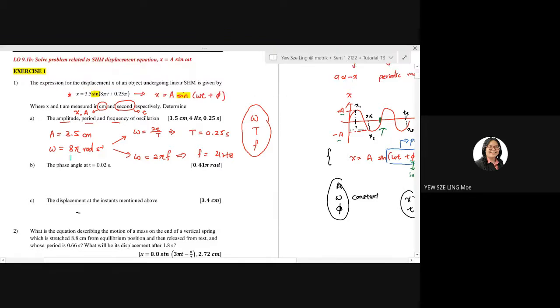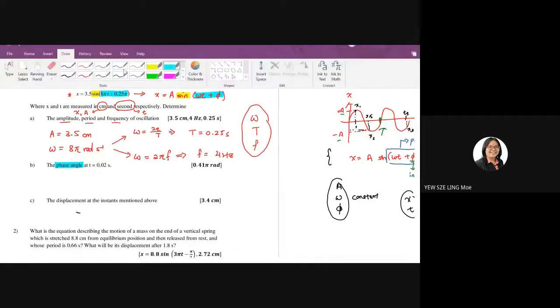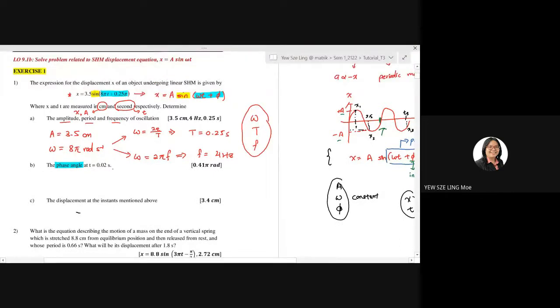Question 2 is asking for the phase angle. Not the initial phase angle, but the phase angle. Which means the question is asking for this whole part, the whole thing, omega t plus phi. So we have 8 pi t plus 0.25 pi at time t equal to 0.02 second.